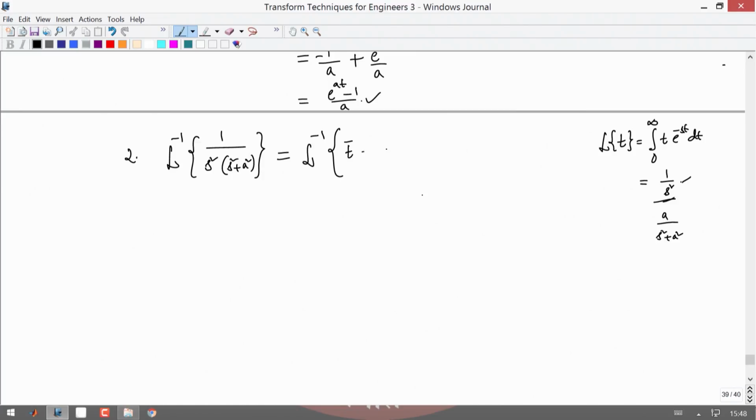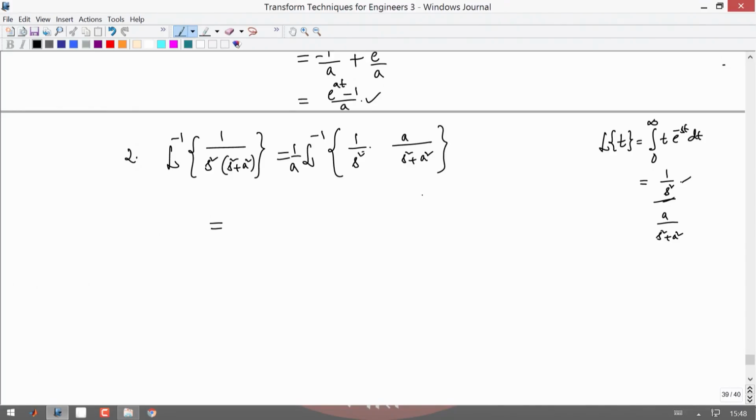So, I write 1 by s square times a by s square plus a square, because you have to account for a, so I multiply by 1 by a.